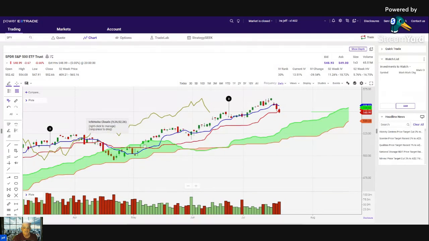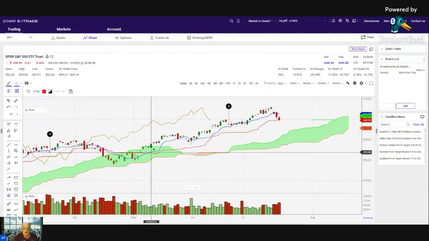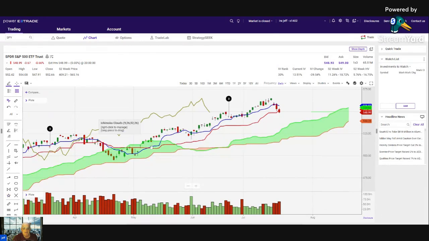You see, here's the candle. The price was in the cloud, in the cloud, in the cloud. It went above the cloud here. It started here, if you can see my cursor.